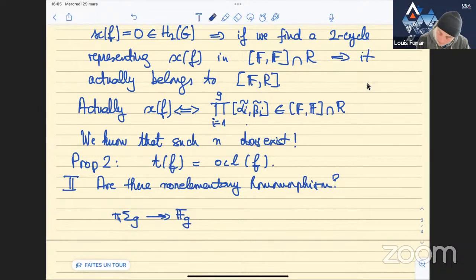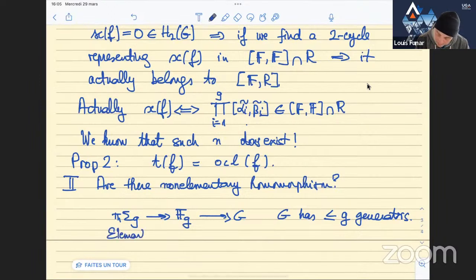And if I have a group G, G has at most g generators. Such elementary and surjective maps really do exist.